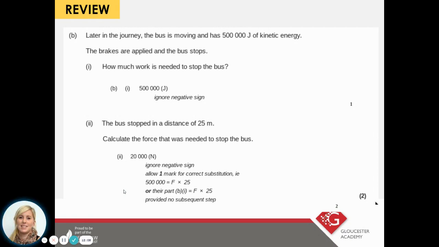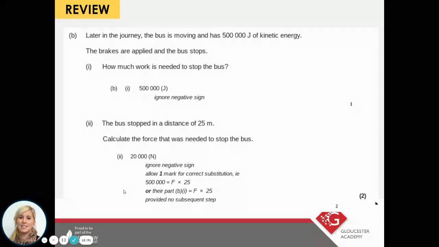Then for the calculation for the second one, the bus stopped in a distance of 25 metres. That sounds quite worrying, to be honest, but we'll come back to that in a future topic. Calculate the force that was needed to stop the bus. So for force, we're going to do work done divided by the distance. So we know from the first question that the work done is 500,000.